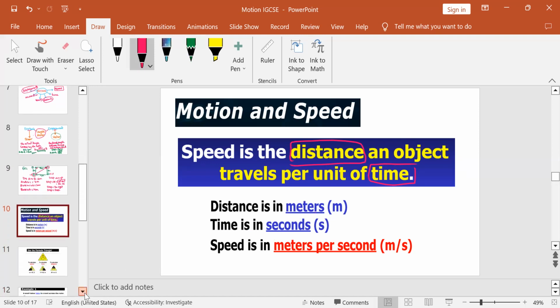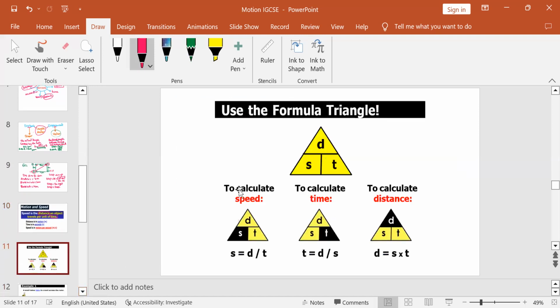Here we have the magic triangle. Do you like this way? To find the speed, speed equals distance over time. Sometimes you're asked to solve for time. In this situation, it will be distance over speed, right?